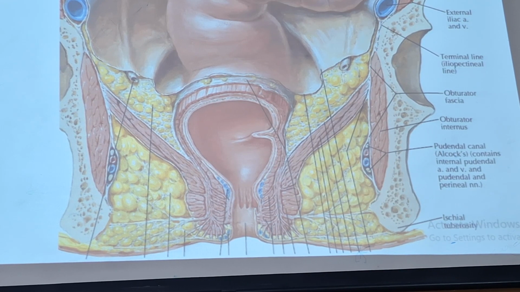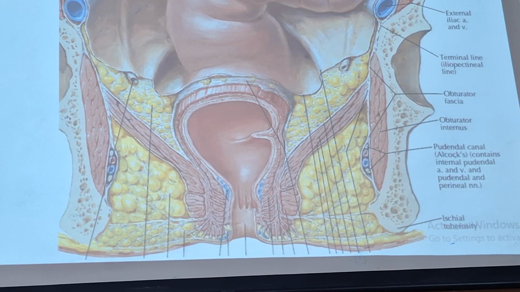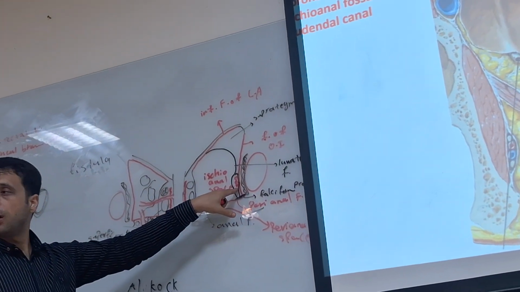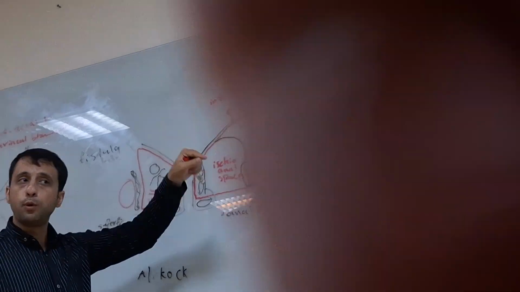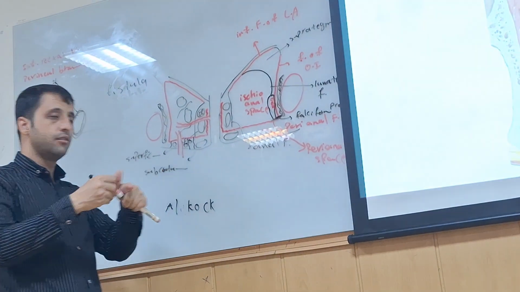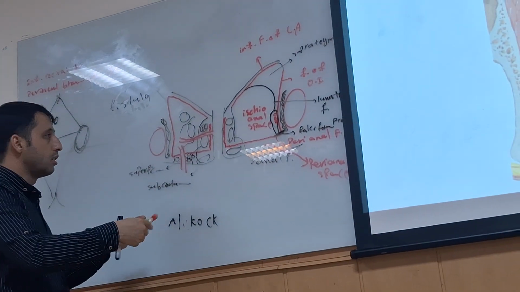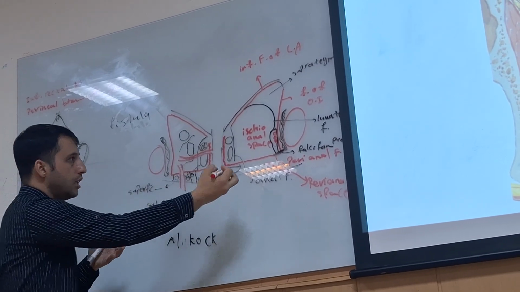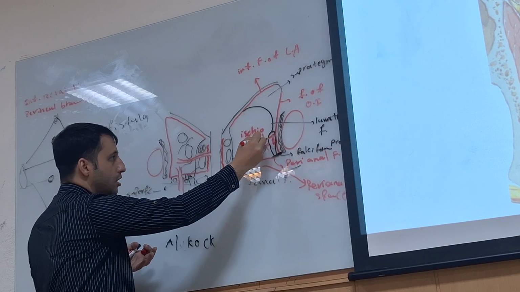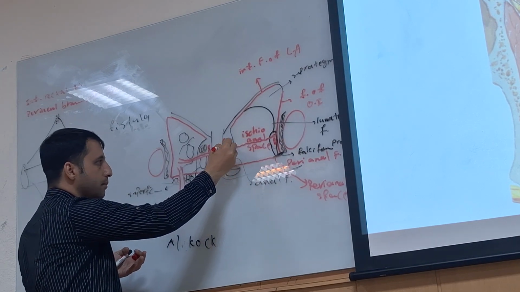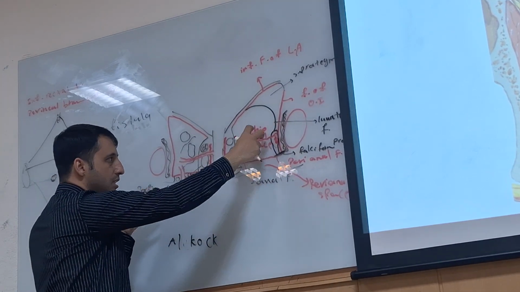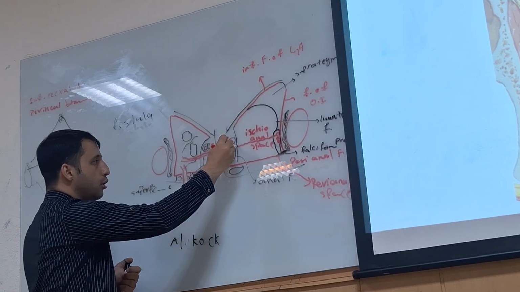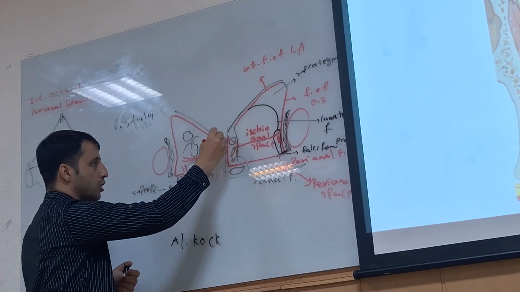Another structure in this area. From the internal pudendal artery, I have a branch which goes medially. We have a branch which passes medially through the ischioanal space to supply all of this structure.